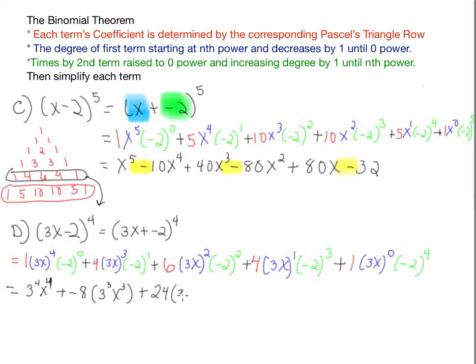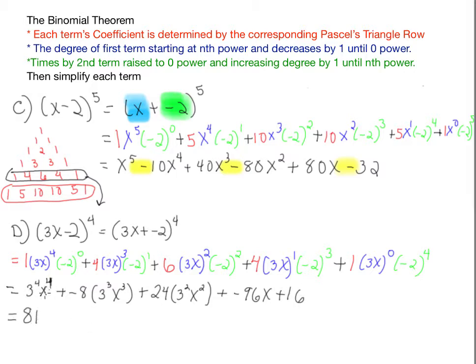And then distribute the square to each base. For our fourth term, we're going to take negative 2 cubed, which is negative 8, times 4 and times 3x for a negative 96x. And then negative 2 to the 4th degree is a positive 16 times 1 and 1, so that's 16.